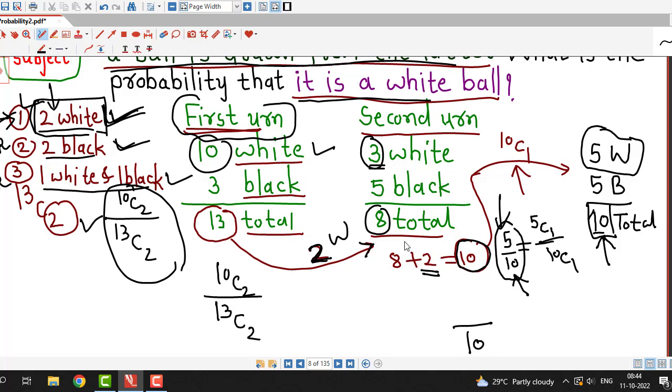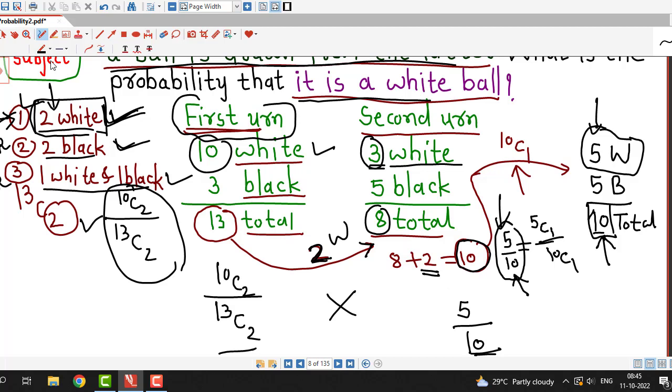We can select one ball out of 10 balls in 10 ways, and for the event that the selected ball is a white ball, outcomes in favor of that event are 5 because now we have 5 white balls. So we have to multiply these two probabilities. This will give us the probability that the selected ball is a white ball.